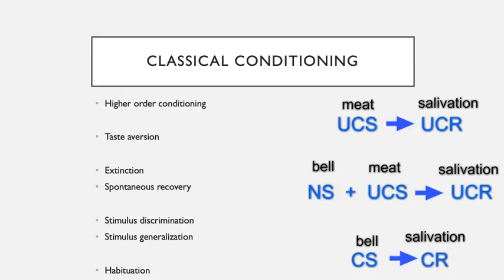I classically condition the class where everyone gets a little cup of lemonade powder, which is very tart. It makes you salivate when this gets put on your tongue because it's so sour. That is a reflex. You put something really sour on your tongue, it's going to make you salivate. You don't have to be taught this. You do this to a baby, bam, salivation.